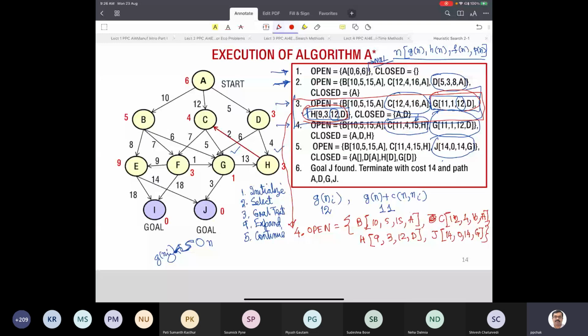Is everybody with me? Yes, sir. Now what would be removed from open? H again. H would be removed. And when H is removed, what would open become?